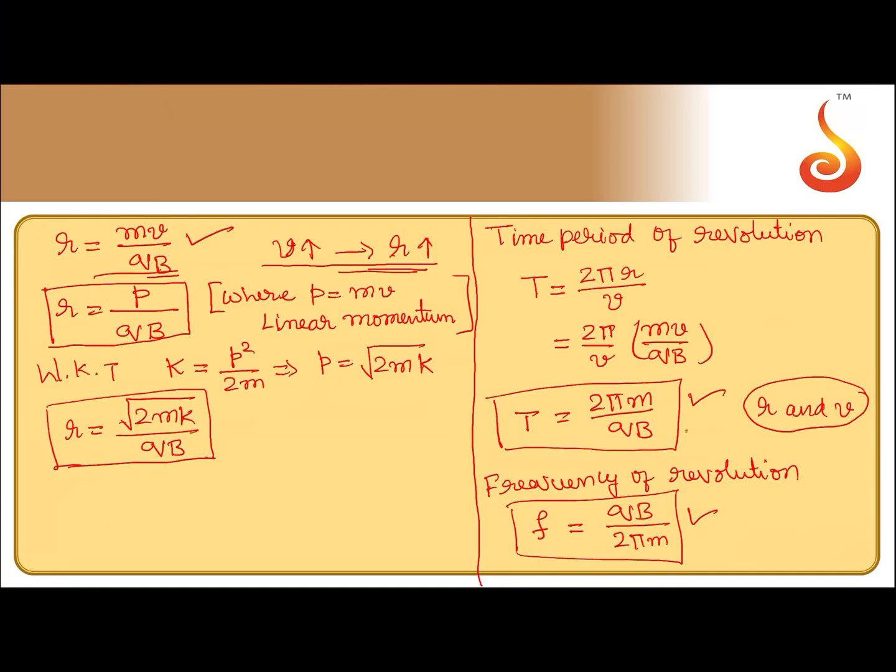But time period and frequency don't depend on radius or velocity. They remain constant, right? So this principle is used in the working of a cyclotron. So this is about circular motion of a charged particle in a magnetic field.